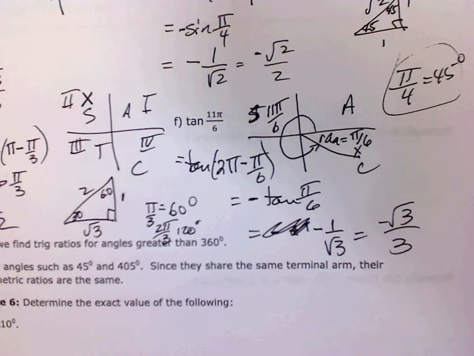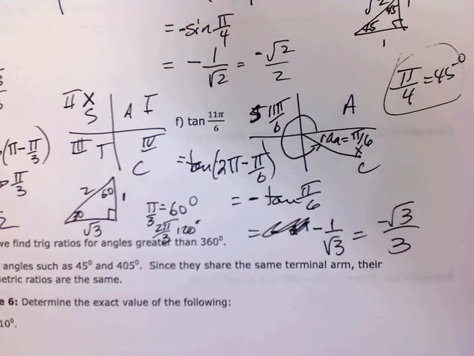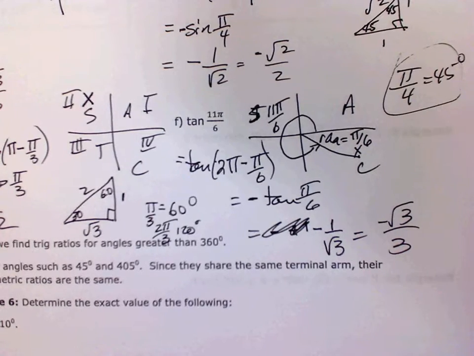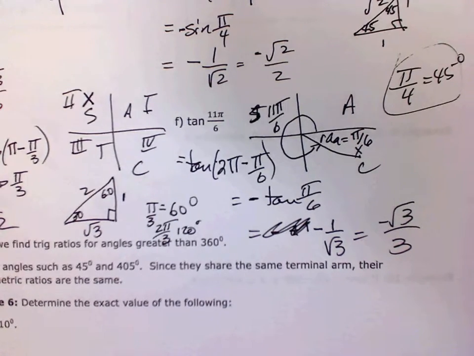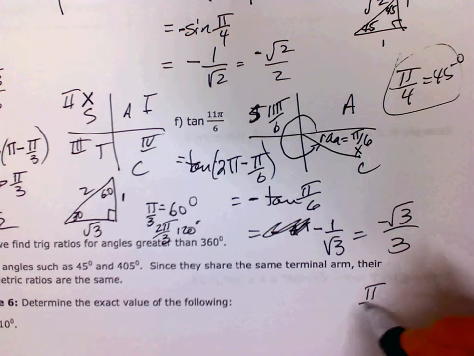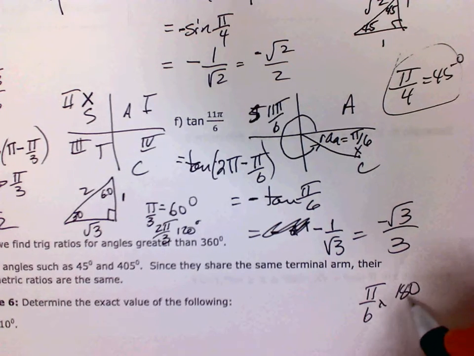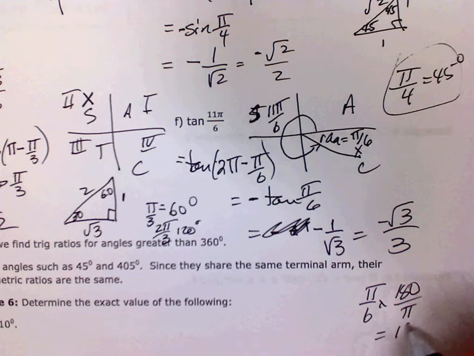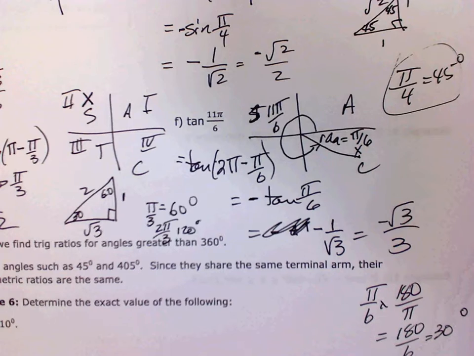You can always convert in your head, but you can go pi over 6 times 180 over pi equals 180 divided by 6 equals 30. I think at this stage of the game, this is the best way, or memorize pi over 6 is 30 degrees.